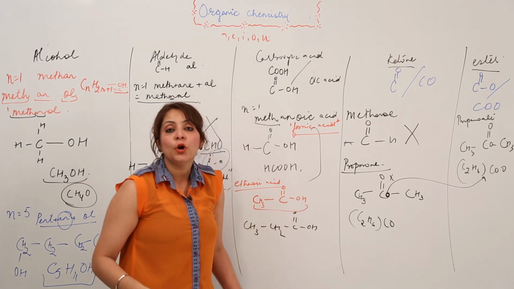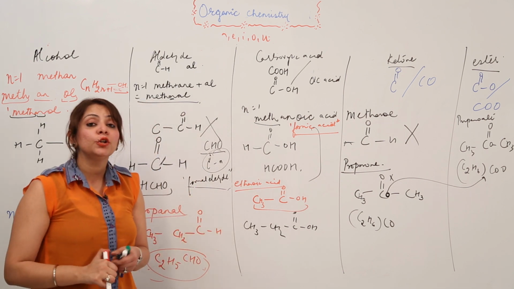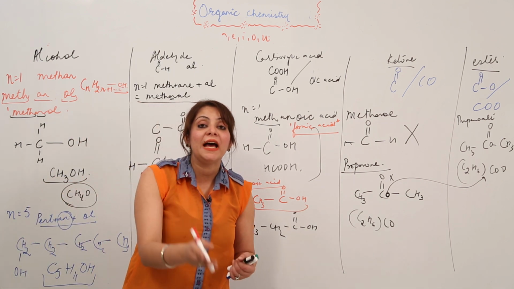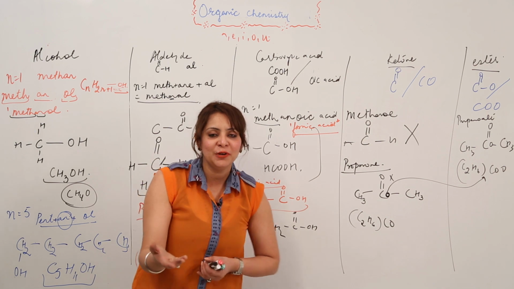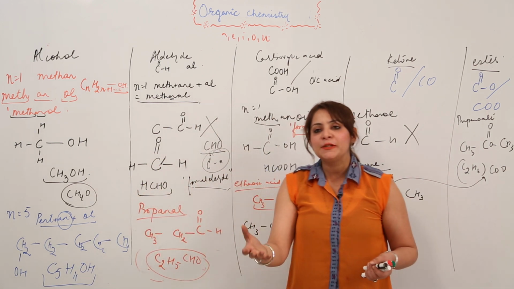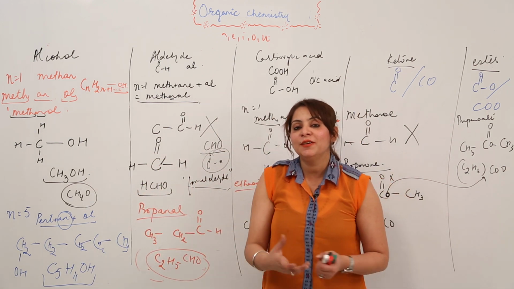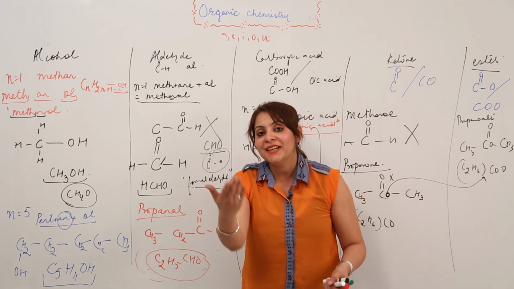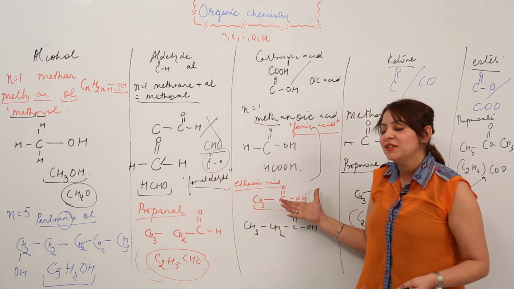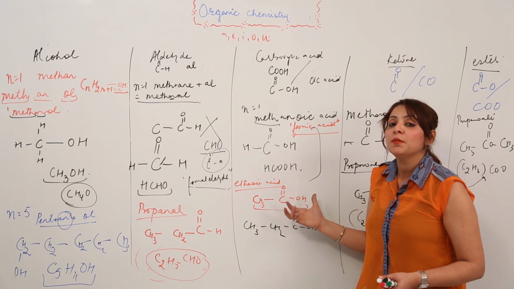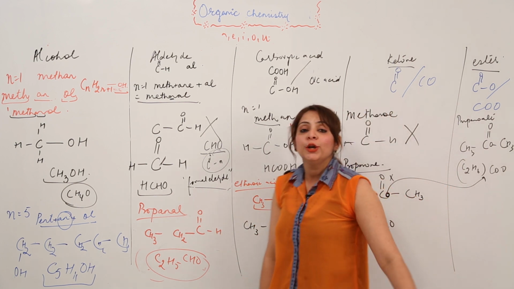This is ethanoic acid, and the common name for ethanoic acid is acetic acid, which you call vinegar. You must have come across vinegar when your mama is making something in the kitchen. So vinegar plays an important role in the kitchen. It is actually ethanoic acid, which means the functional group present in it is a carboxylic acid. So this is how you are going to make the members.